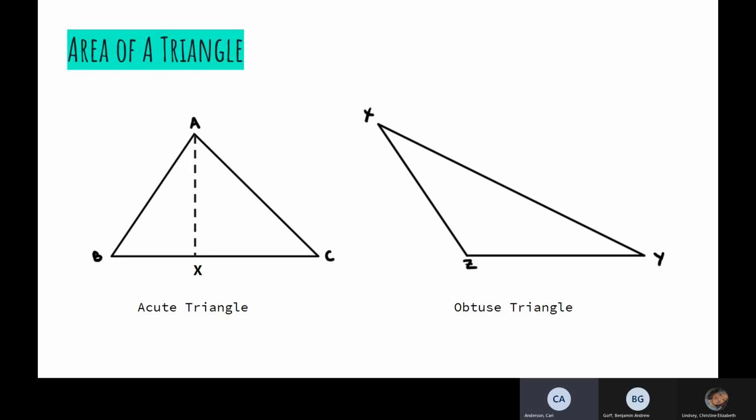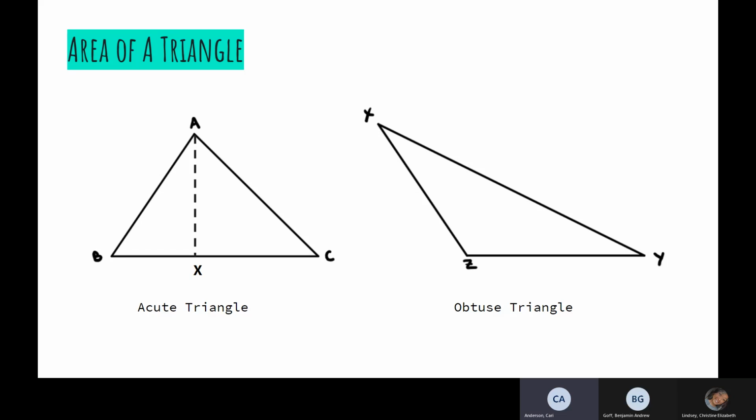The area of triangle ABC is equal to the area of triangle ABX plus the area of triangle ACX. This equals 1/2 BX times H plus 1/2 CX times H, ultimately giving us the area of ABC equal to 1/2 BC times height, or 1/2 base times height.